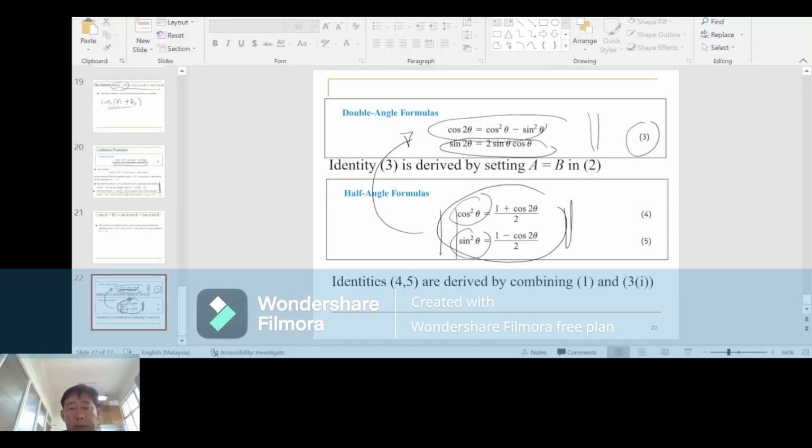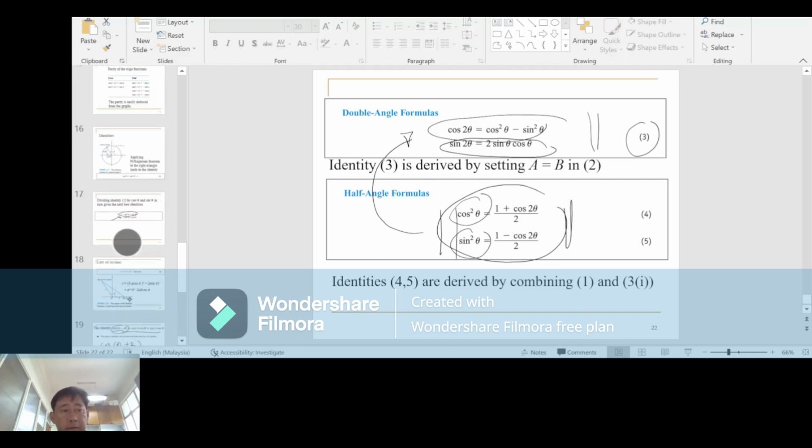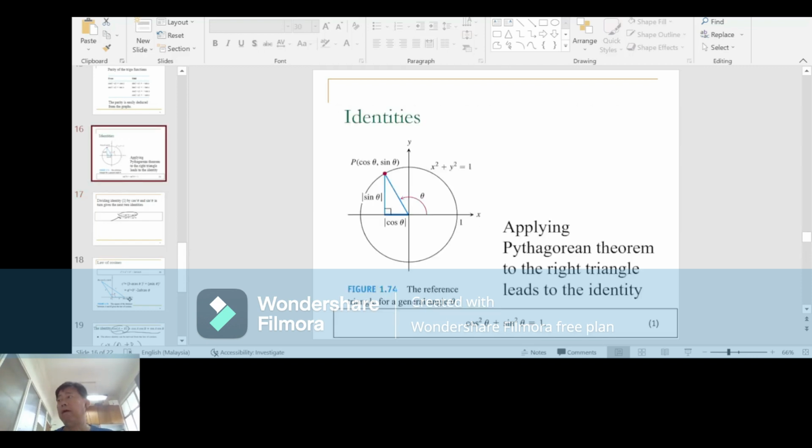So the summary is that we have discussed a few identities for the trigonometric functions, and we start off with the simplest one, which is the square of sine added to the square of cos. And this identity is just a different way of expressing the Pythagoras theorem on a circle.